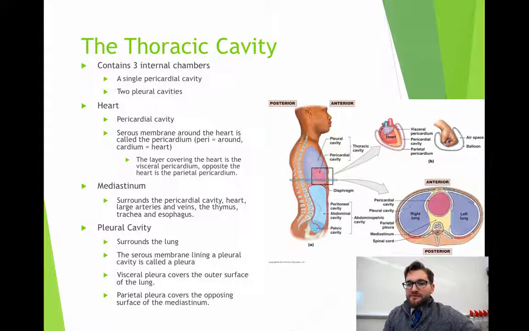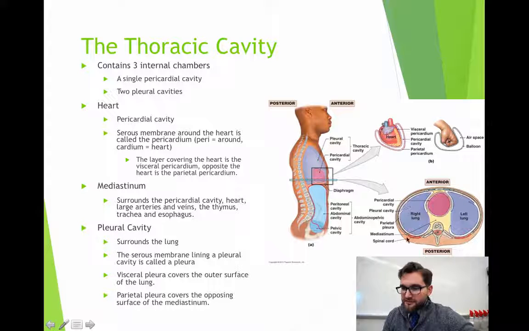The mediastinum surrounds the pericardial cavity. The pleural cavity surrounds the lung. And again, the serous membrane lining the pleural cavity is the pleura. The visceral pleura covers the outer surface of the lung. And then the parietal pleura covers the opposite side or the opposing surface of the mediastinum.